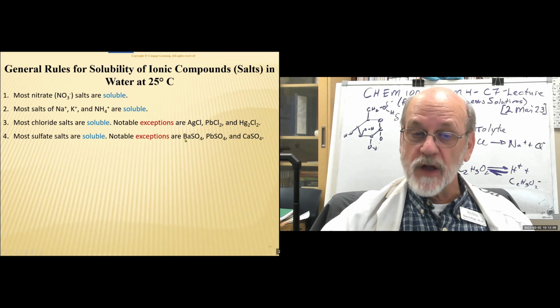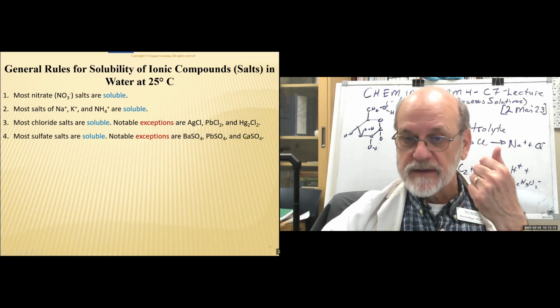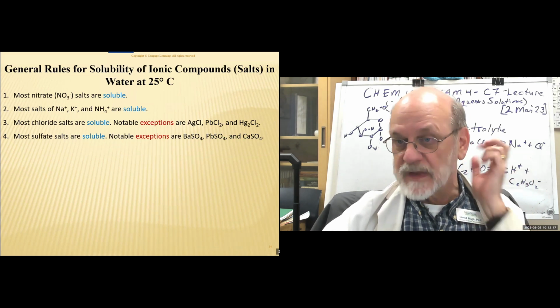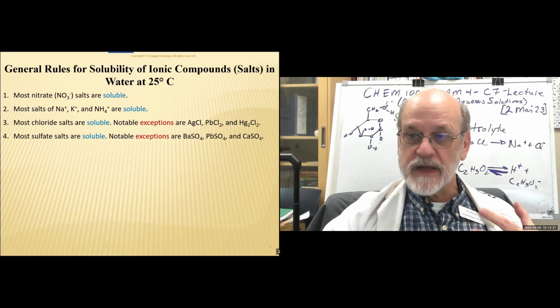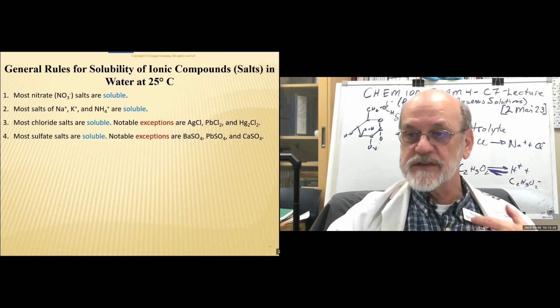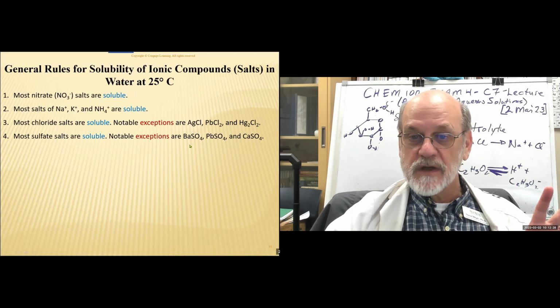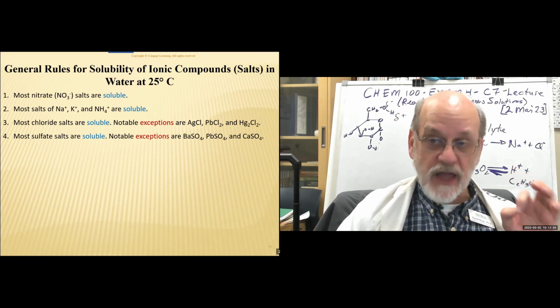Most sulfate salts are soluble except for barium sulfate, lead 2 sulfate, and calcium sulfate. If you've ever had an X-ray where you had to swallow this nasty stuff right before you go into the X-ray room, this is a barium swallow. They use barium sulfate because it's not soluble.